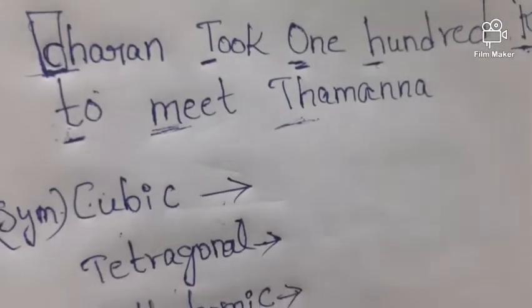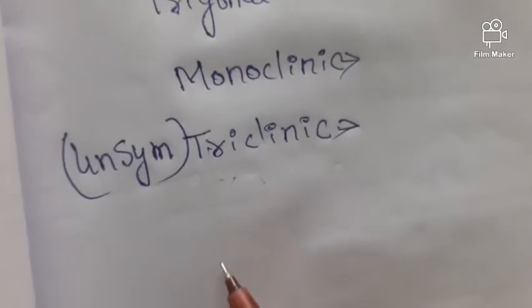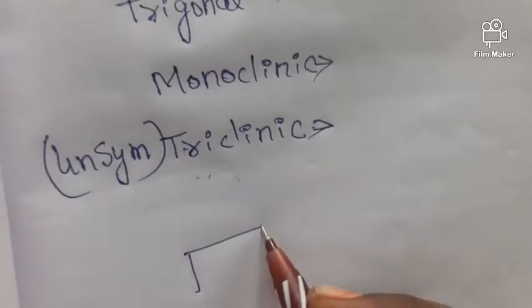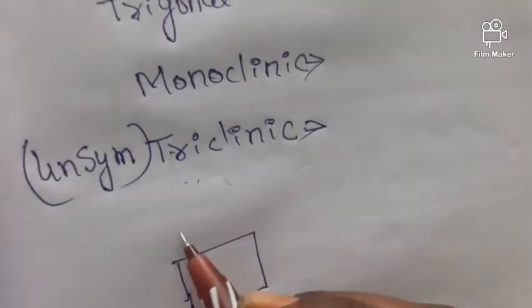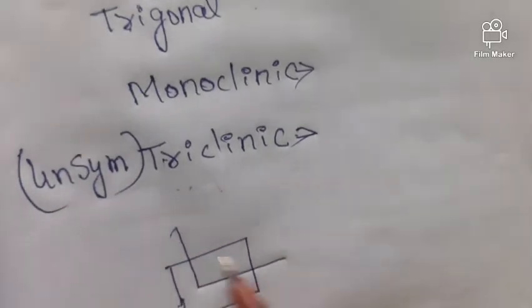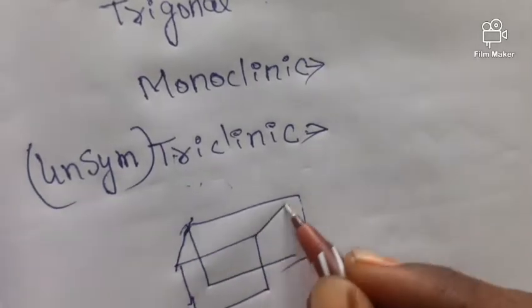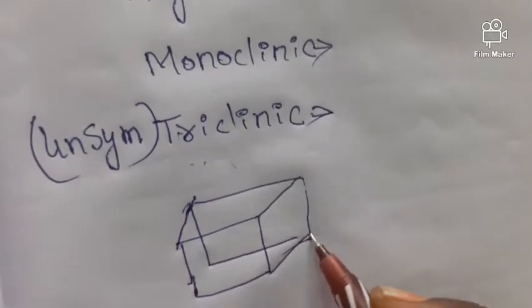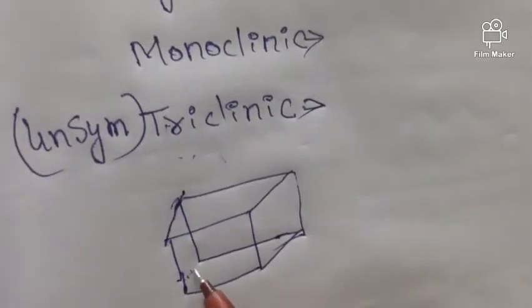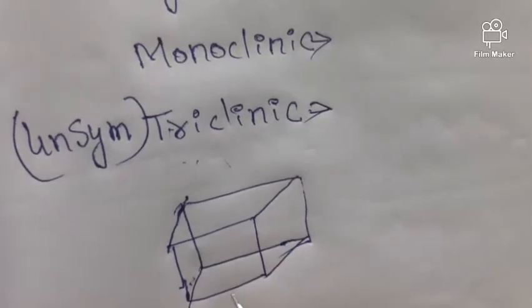The first thing is, before telling the axial distance I want to draw a cube. This is the cube. Of course it is not that good, but just for the sake of your understanding I am drawing it like this. Assume this as a cube.